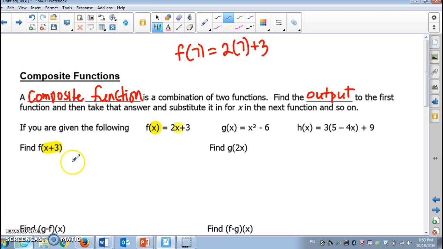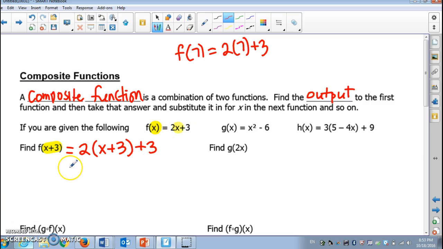So you just rewrite that expression, but instead of x, we replace with x plus 3. Correct? So 2 times x plus 3, and then what do I need? Plus 3. So all I did was substitute x plus 3 for the x in the expression.